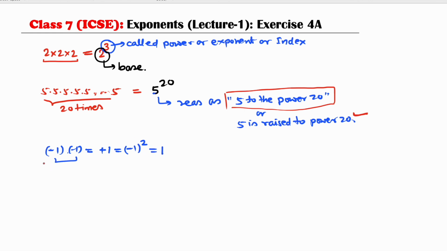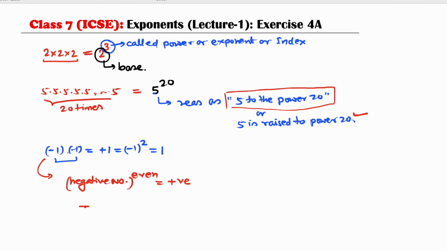So from here we can understand that if we take some negative number and its power is even, meaning even integers, then this becomes positive.